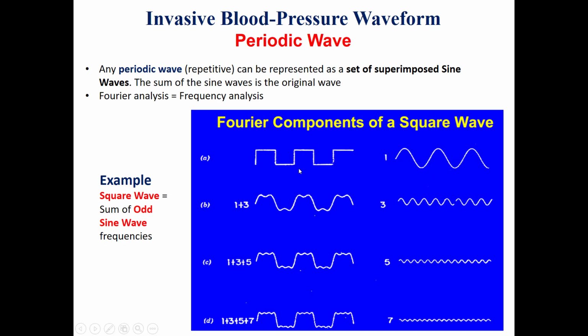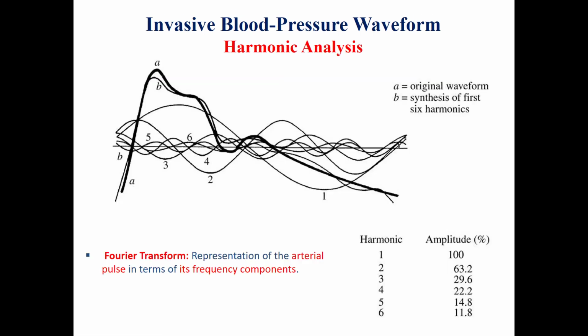As we can see here, this is a square wave, which is also a periodic wave, which can be made using the summation of superimposed sine waves with different amplitudes. Okay, this is a principle in signal processing.